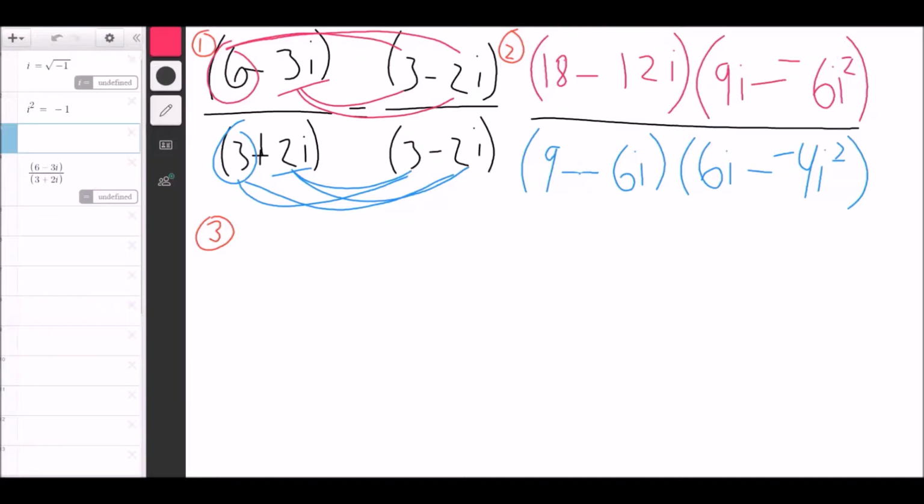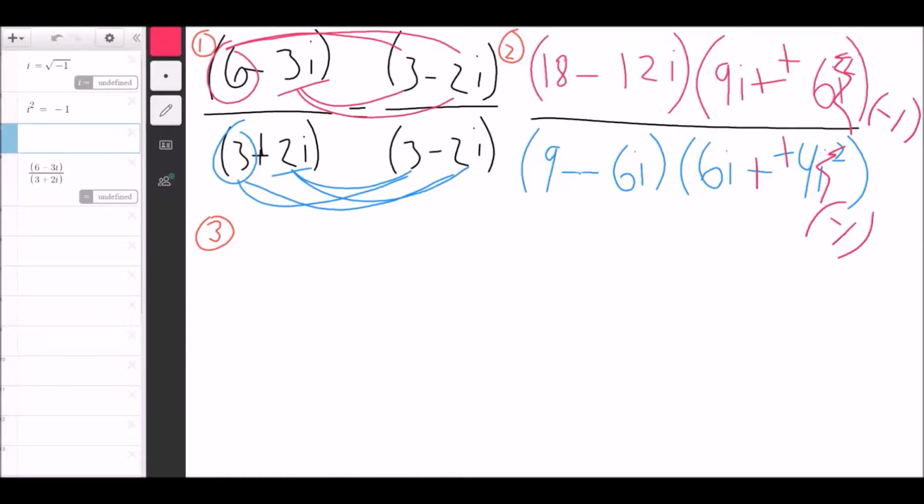Okay, so now you're going to simplify. We know i squared is going to equal -1. And this is going to be a plus positive. So now we're going to rewrite it in combined like terms.